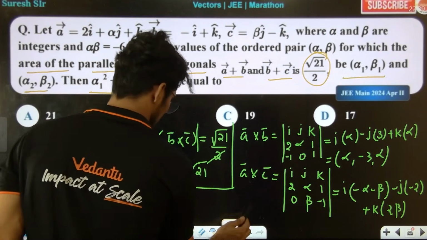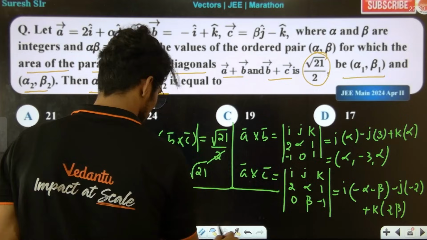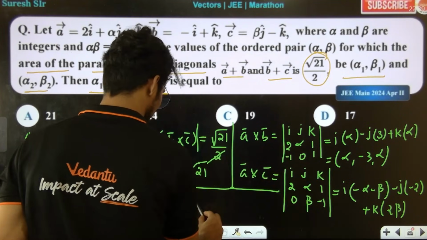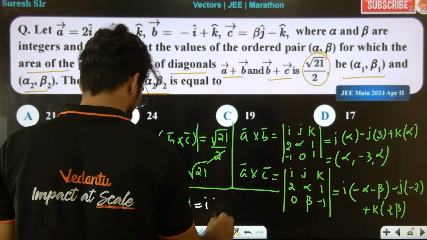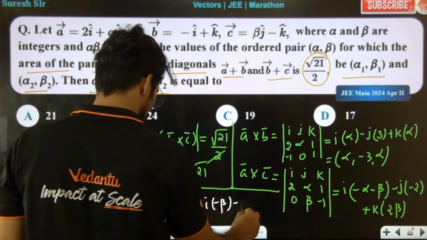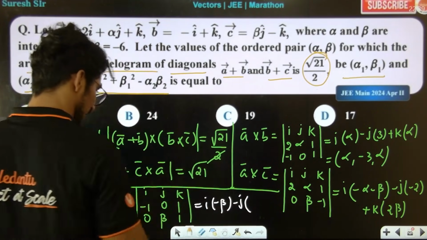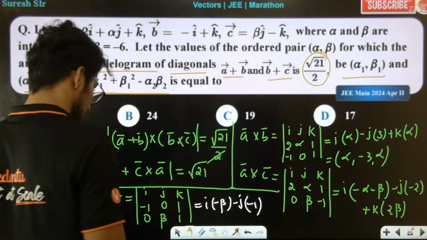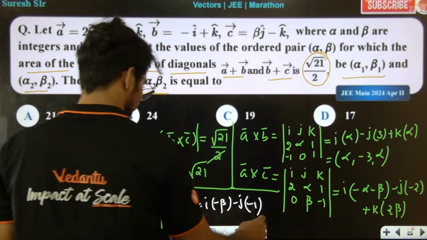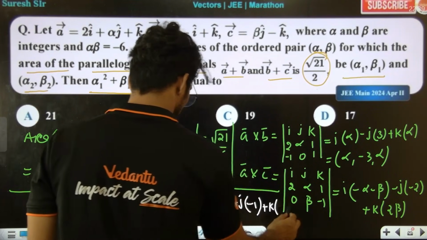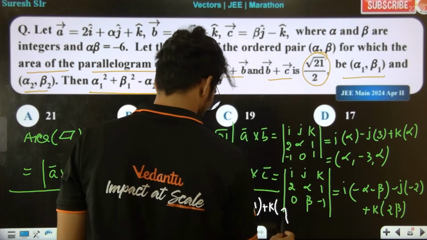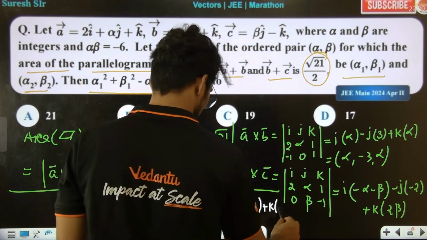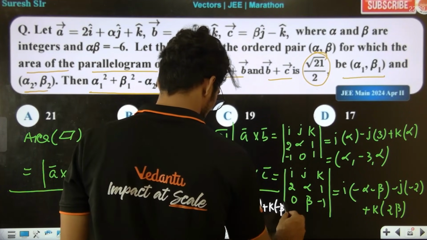So let's calculate this. Tell me, I. So I means I into minus beta minus J into minus 1, right? Minus J into minus 1 plus K into minus beta, right?